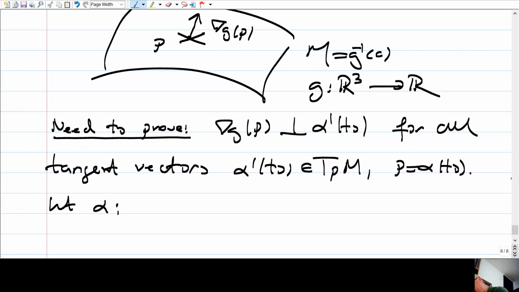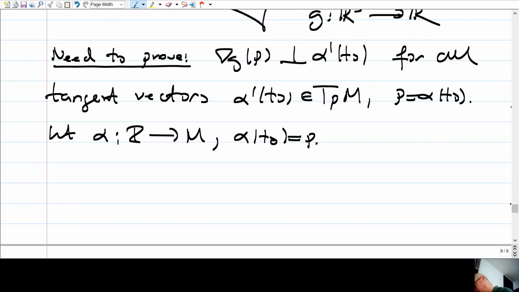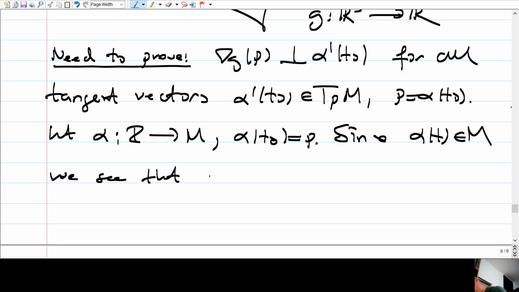Let alpha be a smooth curve as usual, which takes the value p at some point t0. Since alpha t is in M, we see that g of alpha t is equal to c for all t.